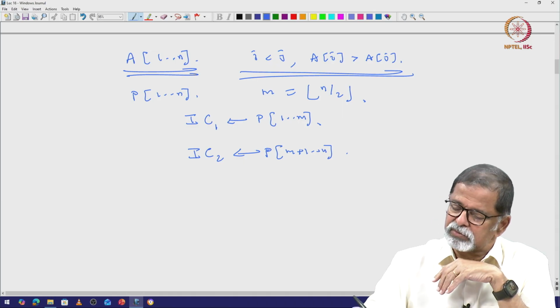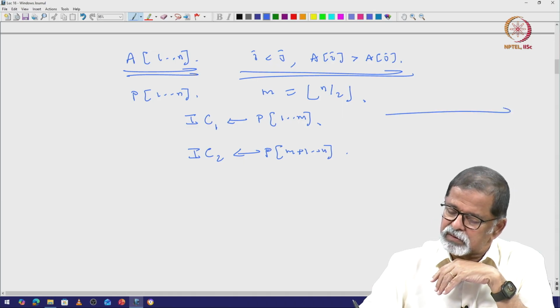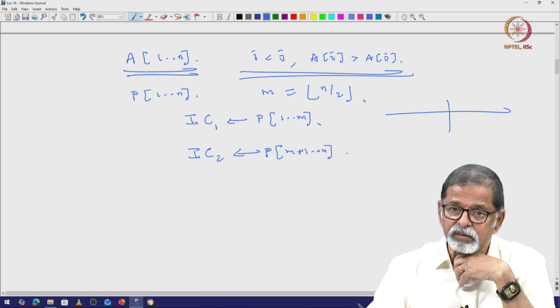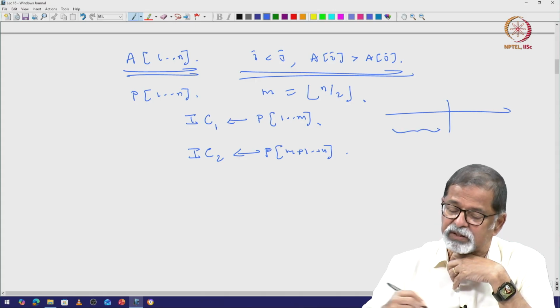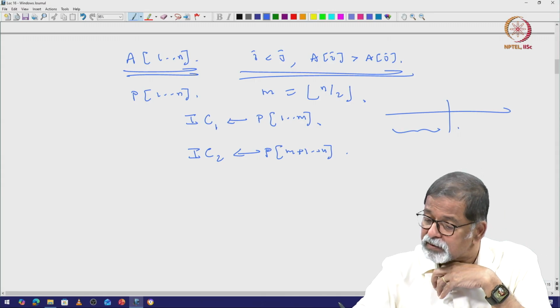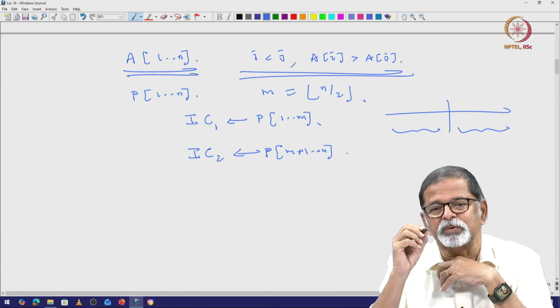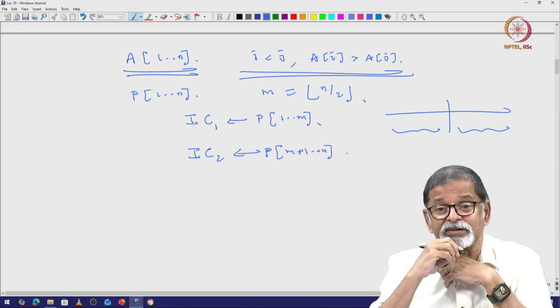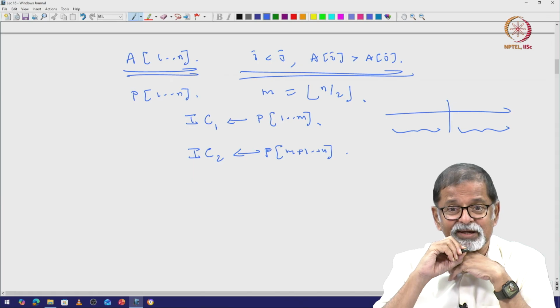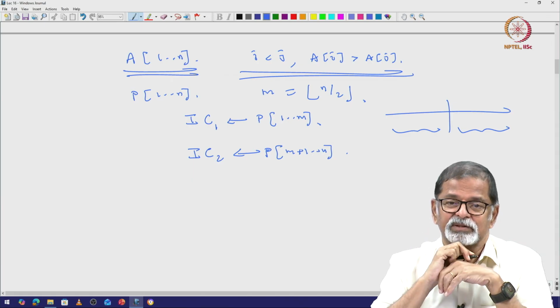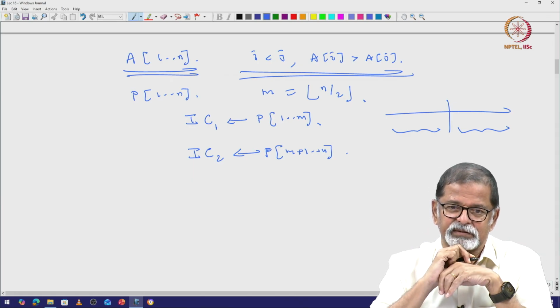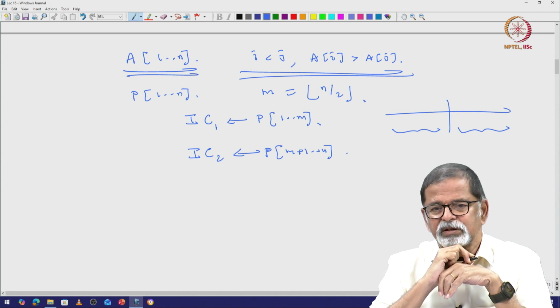Okay. So, I have an array. In this part I have computed the inversion count. In this part I have computed the inversion count. Now I have to compute the cross inversion count. Okay. What is a cross inversion count?